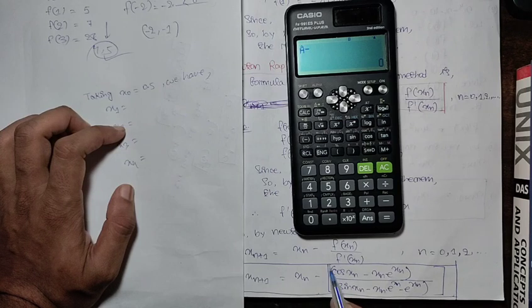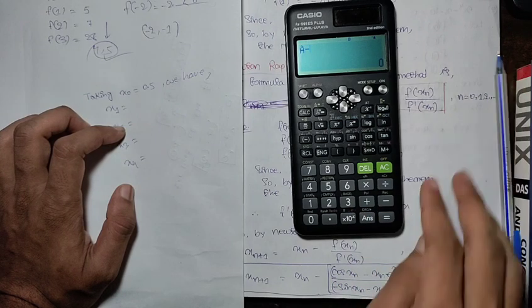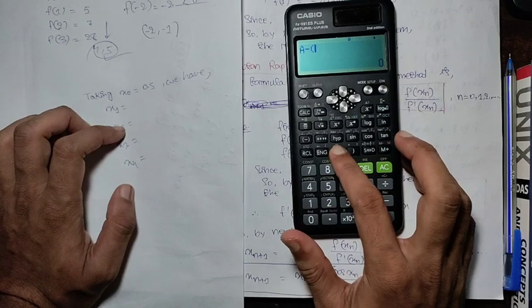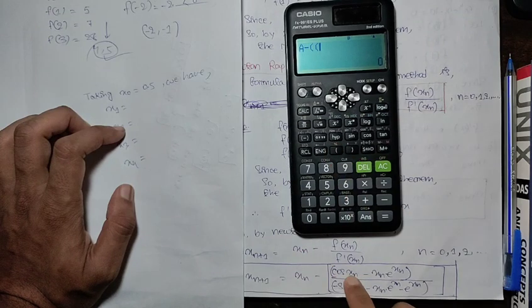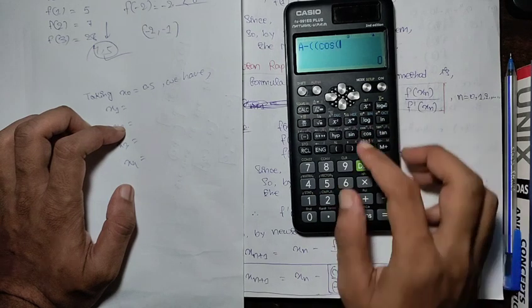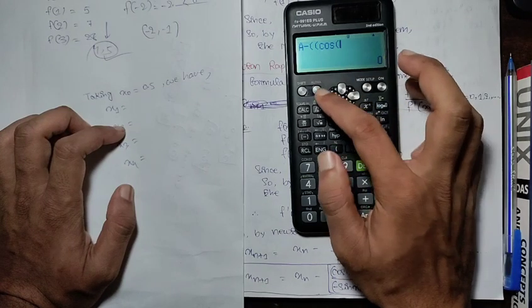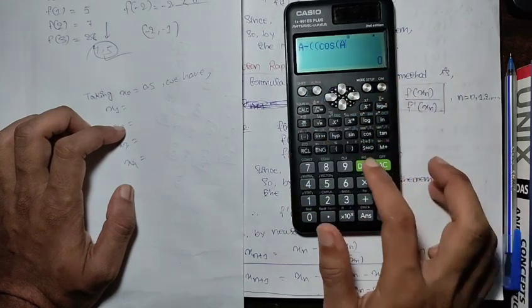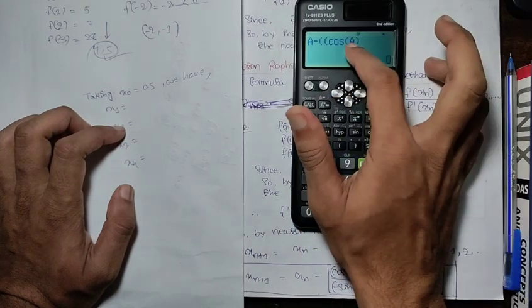So press two brackets here. Then in the numerator you have cos xn, and in place of xn I should write a. So cos, then for a type alpha a, then close the bracket, this is cos a.